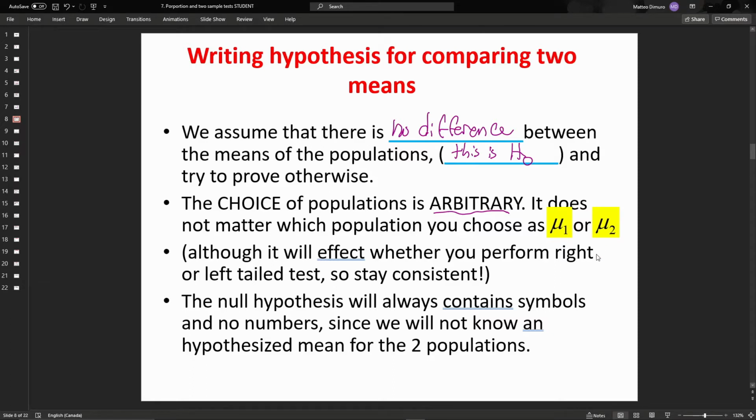It's going to affect whether you're doing a right tail or a left tail test, and it's going to change some of the signs on your numbers. So label everything consistently between the two populations. The last point: the null hypothesis will always contain symbols and no numbers, since we will not know what the hypothesized mean is for the two populations.